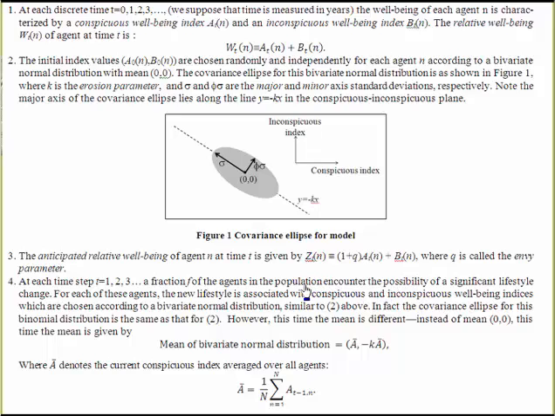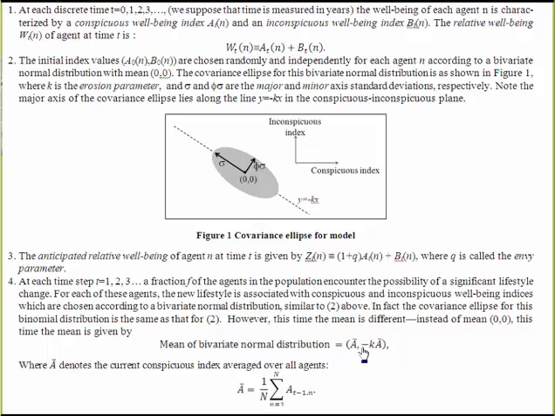These new lifestyle choices are also offered according to a probability distribution. The covariance ellipse is the same, but this time the mean drifts along with the population. The mean conspicuous index for a new lifestyle choice is equal to the current mean of conspicuous indices of the current agents.